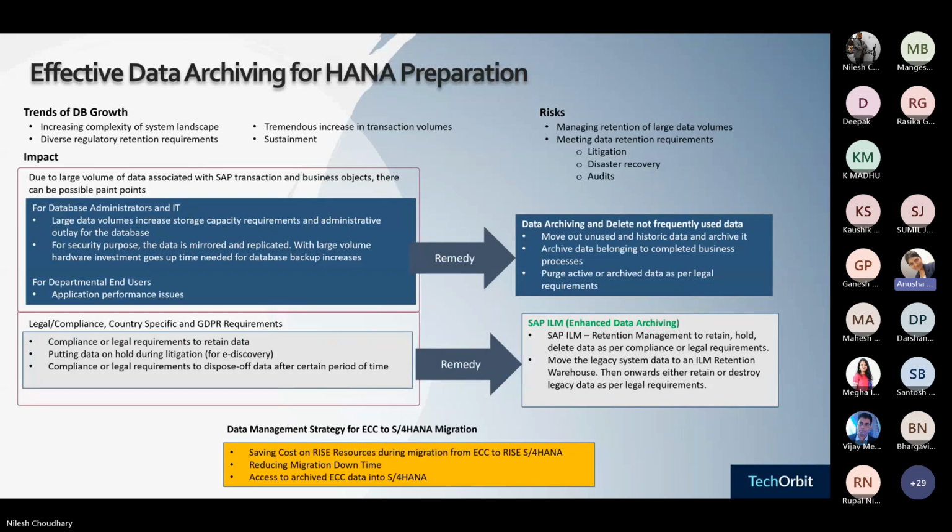Along with the archiving, we are also suggesting the purging reports. From the basis team or from a technical background, you may ask, what is the need of storing the archived data if I really don't want to view the data at all? In that case, if you say that you don't want the data to be viewed in the future, then we have an option called deletion or purging.